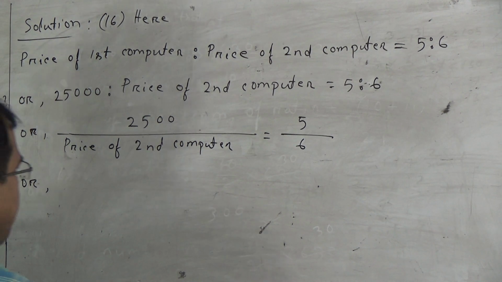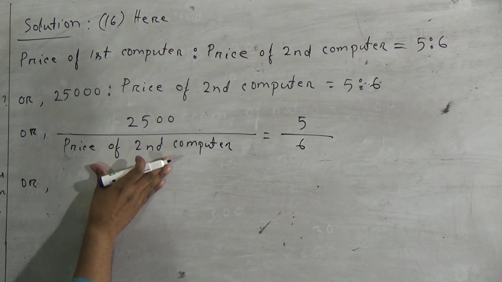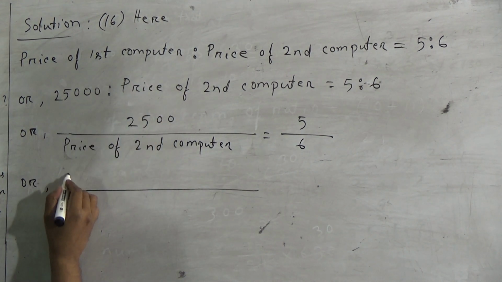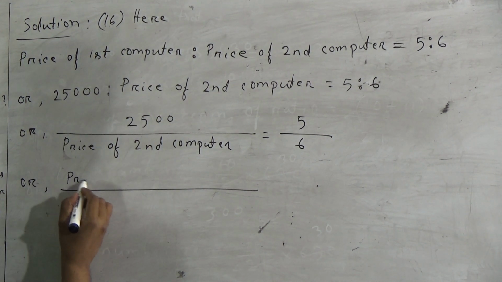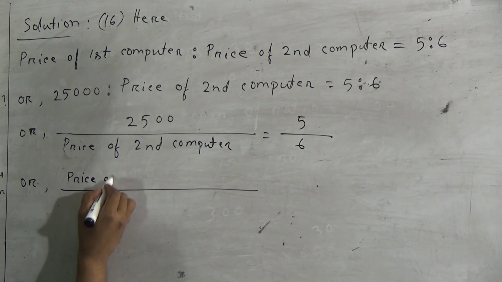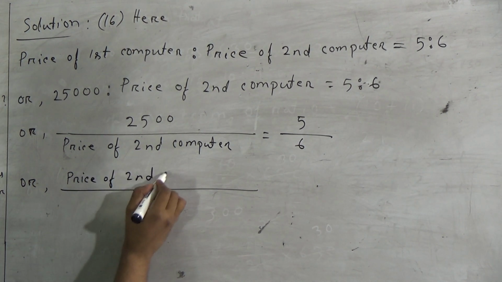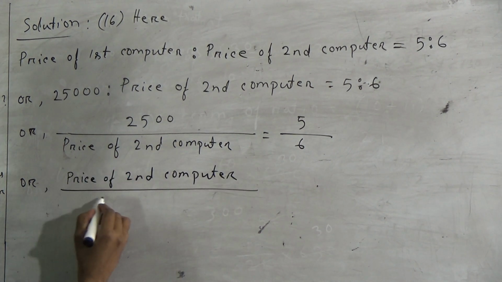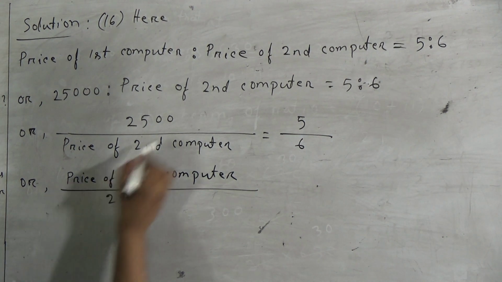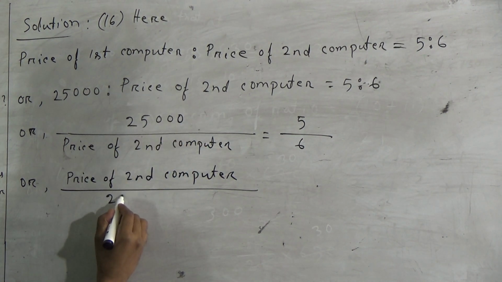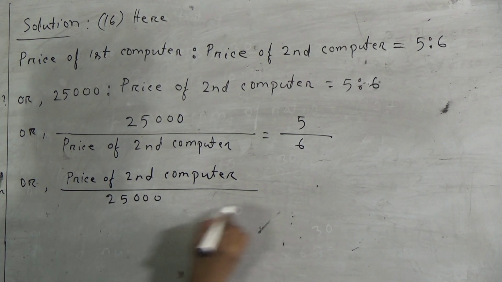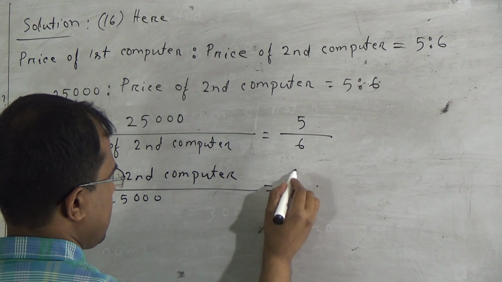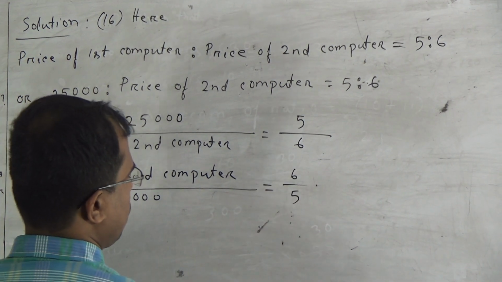We have to find out the price of second computer, so now we will convert this denominator as numerator. In the upper portion we will write price of second computer, and in the lower portion 25,000, equal to 6 in the upper portion and 5 in the lower portion.